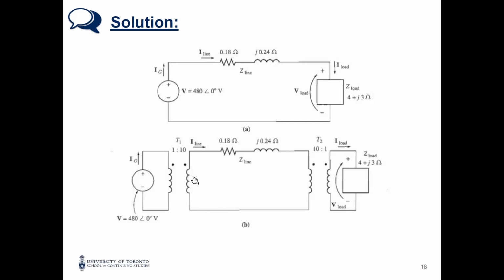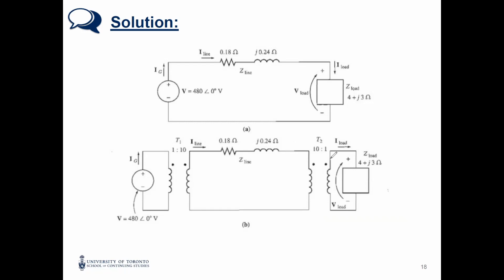The second case, you have one transformer step up and then another transformer step down. Here it's 1 to 10. This is the A2, and this is 10 to 1. This is A1. A1 is 10, A2 is 1 over 10. Let's move this to the other side, multiply by A squared, and then multiply all of this by A2 squared.